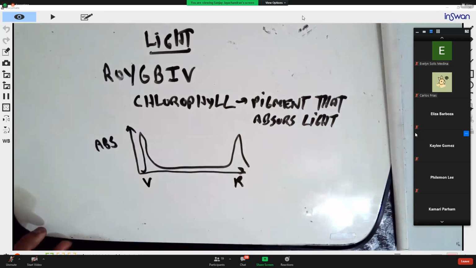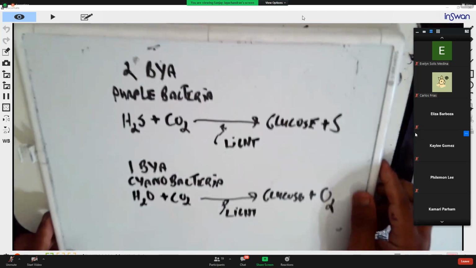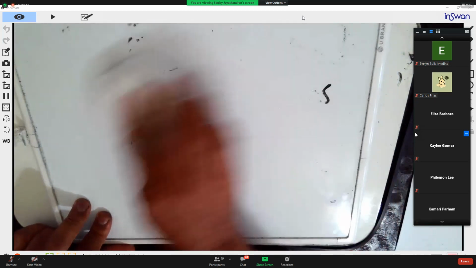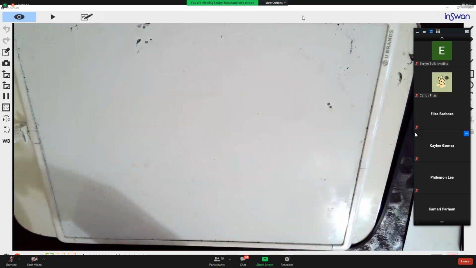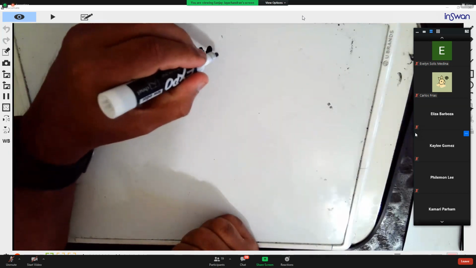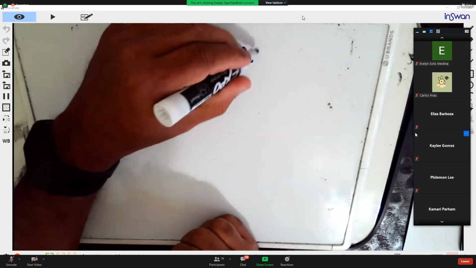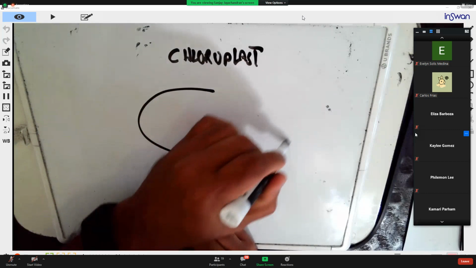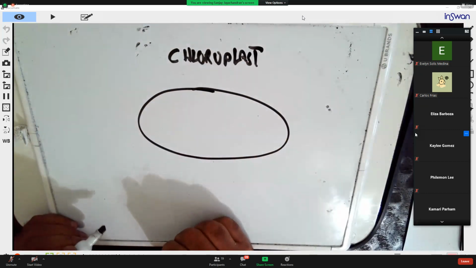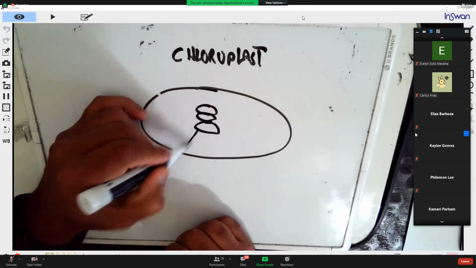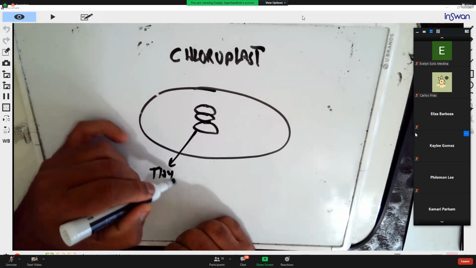Yes. Okay. So the organelle where this happens, which is the last thing we'll say, is the chloroplast. Remember, chloroplasts have their own DNA, just like mitochondria. So here's my chloroplast. Inside the chloroplast are these sacs, called the thylakoids.